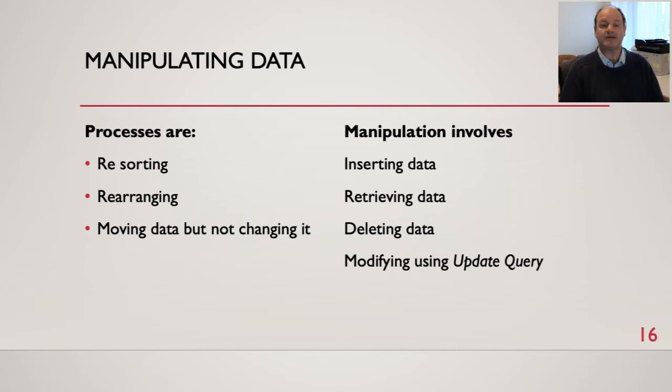This manipulation involves inserting data into database tables, such as adding records to an existing table, retrieving existing data, deleting data from existing tables, such as removing records from a table, modifying existing data either individually or in bulk by using an update query. You will become familiar with update queries as you work through your practical work booklet.